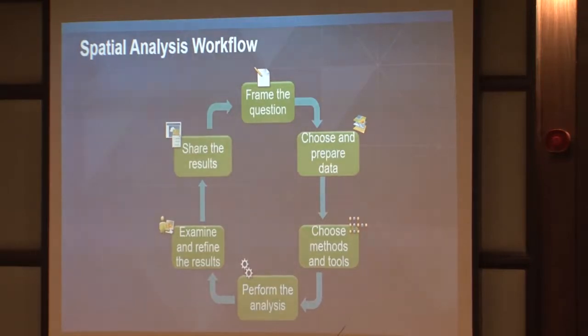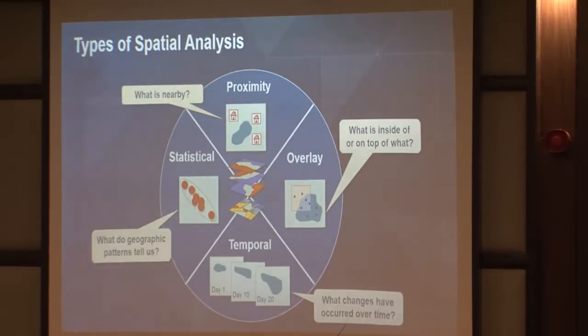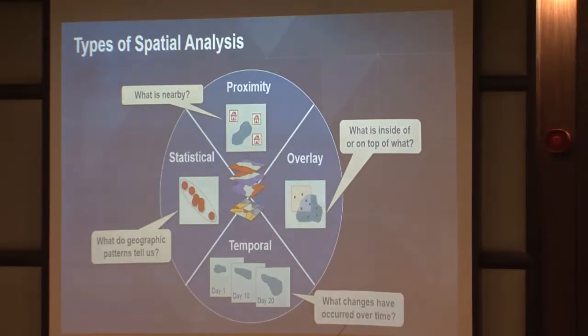So what kind of analysis can you do within ArcGIS Pro? You can do proximity analysis, like finding what is nearby. Or you can also do an overlay analysis. We normally do an overlay analysis when we want to find out what is inside a given area, or what is on top. You can also do temporal analysis.